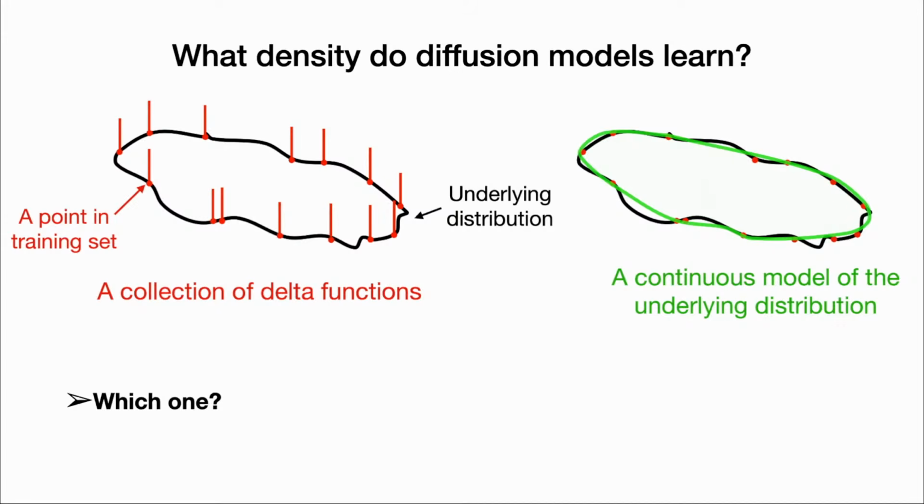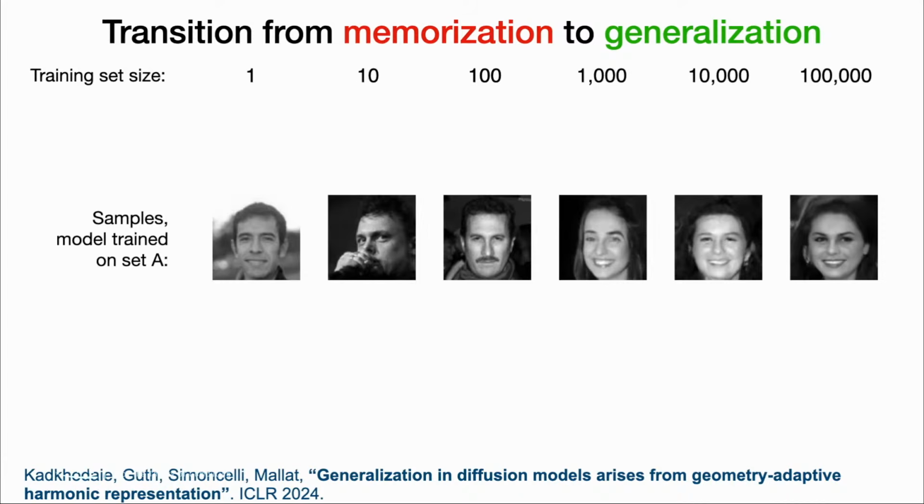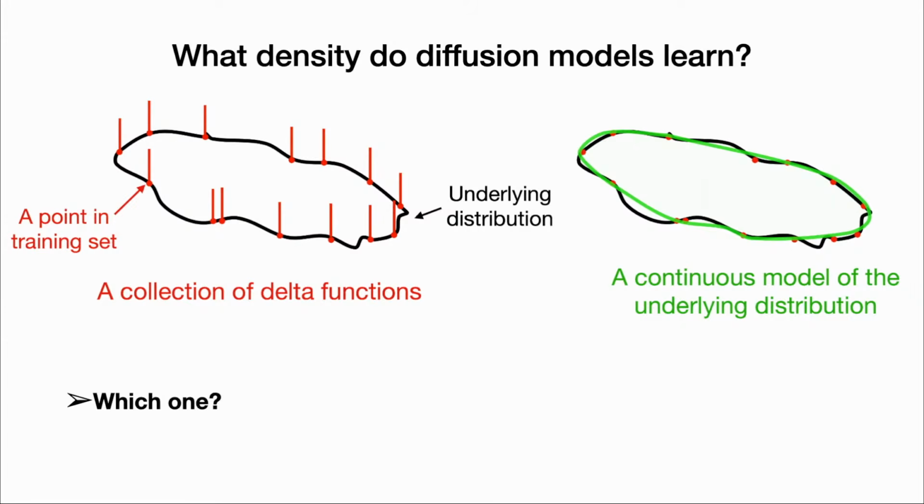We want to make sure that this is not happening because that's not an interesting prior. So we did an experiment to see which one of these two cases is happening. Is the model actually memorizing the training set, or is it learning a continuous approximation of the underlying density?